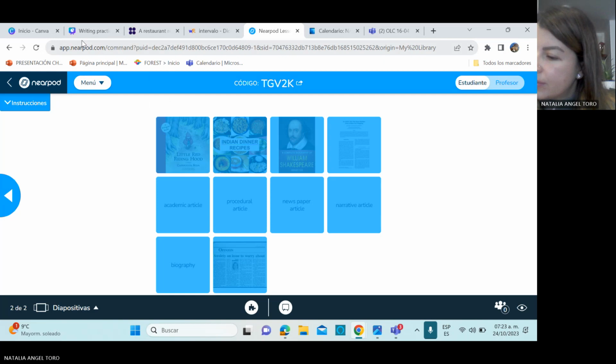Well, for me, an academic article is like, I don't know, maybe when a group or one person does a project about one topic, and they need to complete all the information very carefully. I don't know, maybe something like that. Yes, in a complex way.